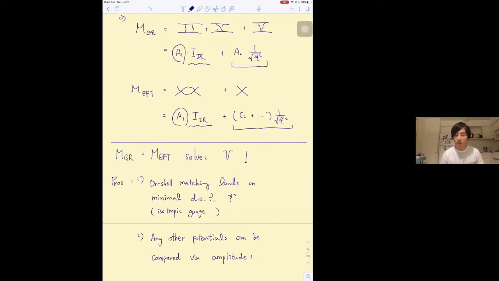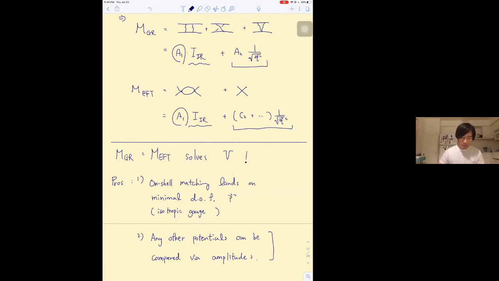That's not something we learn in undergrad mechanics, and it's actually complicated, because you have to make an ansatz and try to solve the Poisson bracket. On the other hand, a more invariant way to see whether two potentials are equal is to compute the corresponding amplitude. If they correspond to the same amplitude, that means these two potentials are equivalent. That gives you a very efficient way to compare two gauge-dependent potentials through a gauge-invariant amplitude.